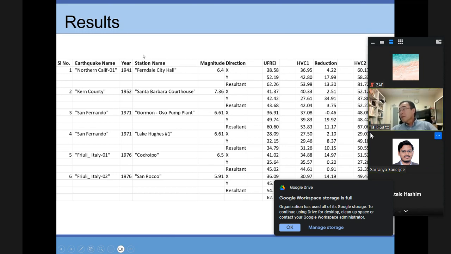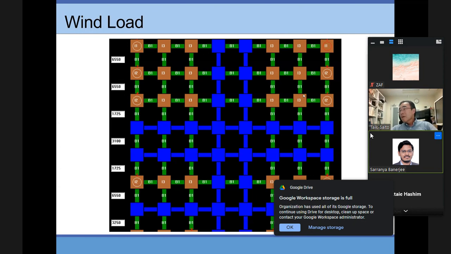Now I am seeing the results on wind loading also. But in the case of wind loading, I am facing one small problem, because in the base floor these columns and these ones are not isolated.